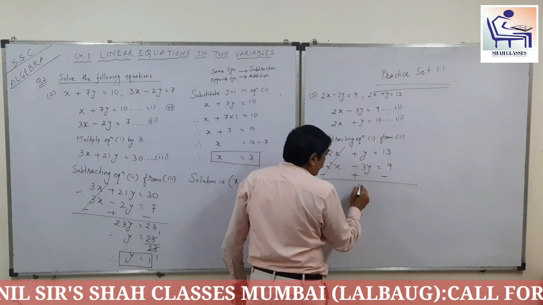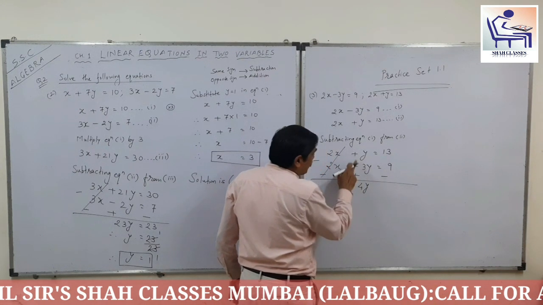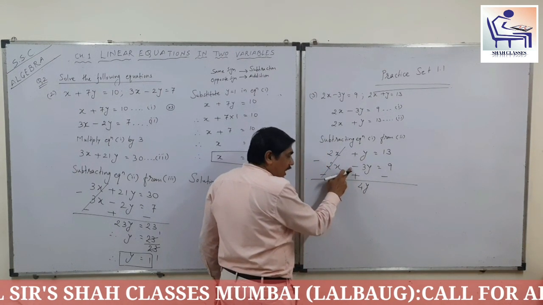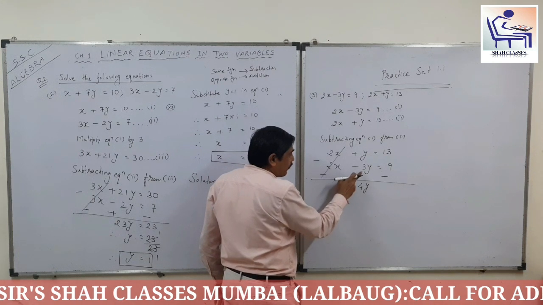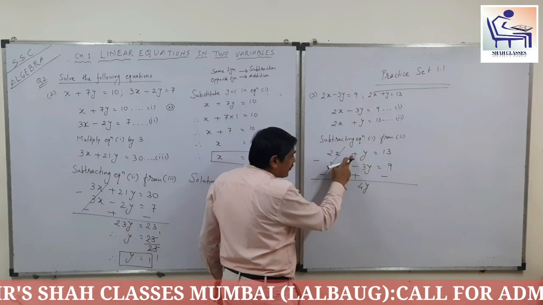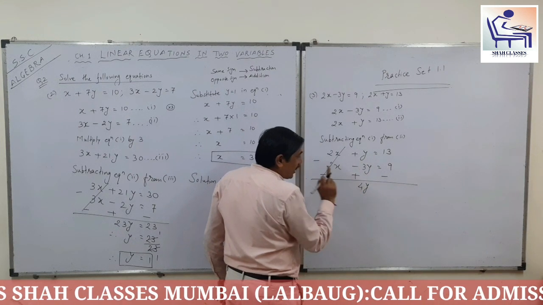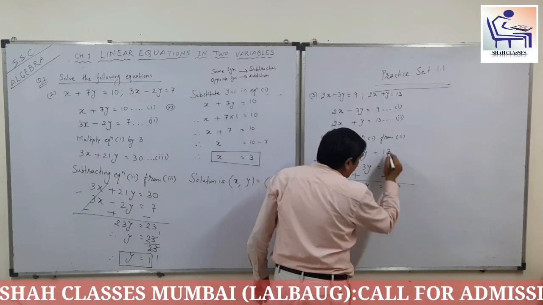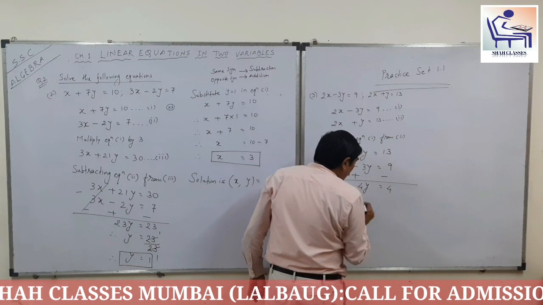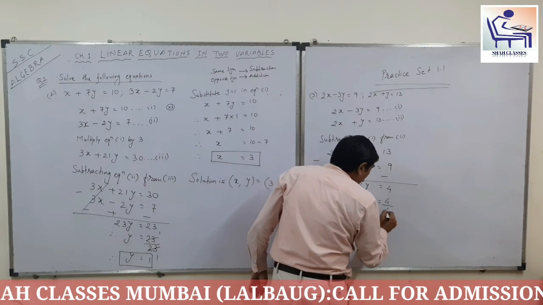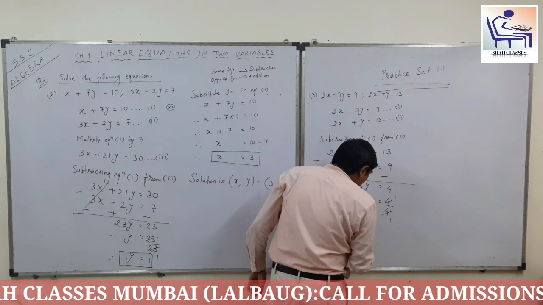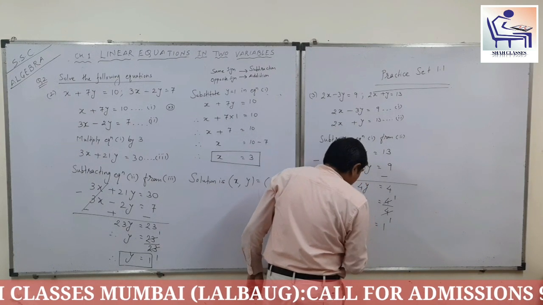Plus y plus 3y is 4y. 1 plus 3. Please forget this sign. You have to just remember this sign for this 3y. So 1 plus 3 becomes 4. So 1y plus 3y is 4y. And 13 minus 9 is 4. So y is equal to 4 upon 4. It comes to 1.